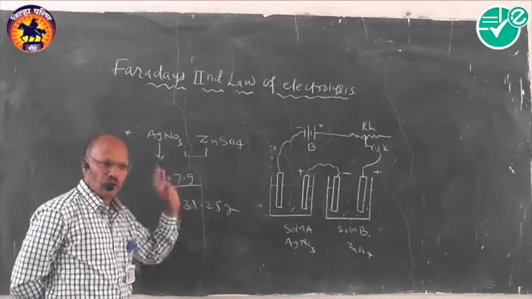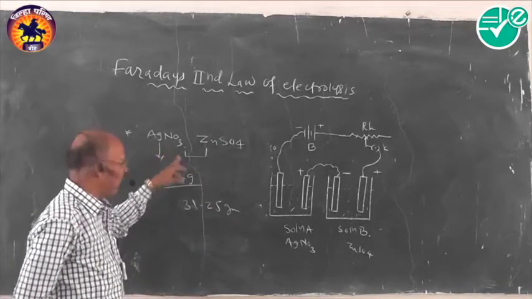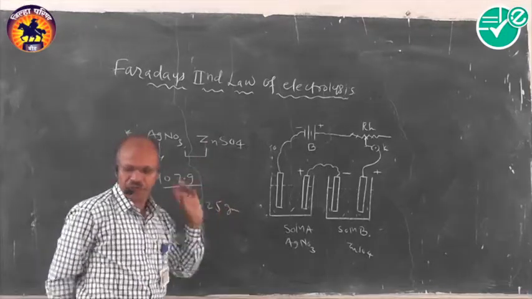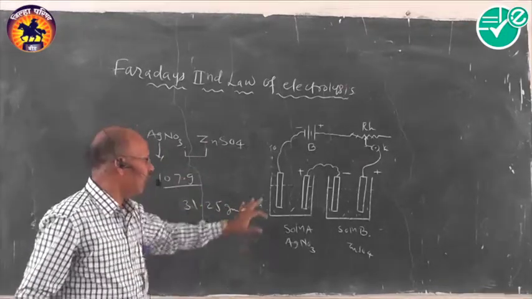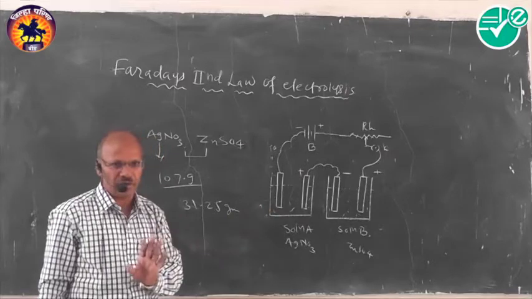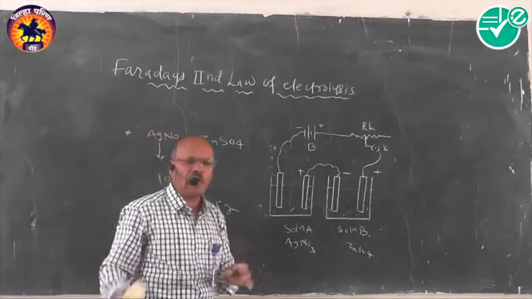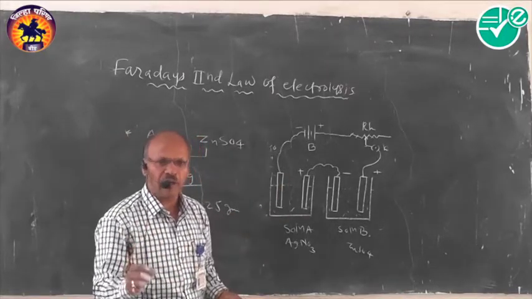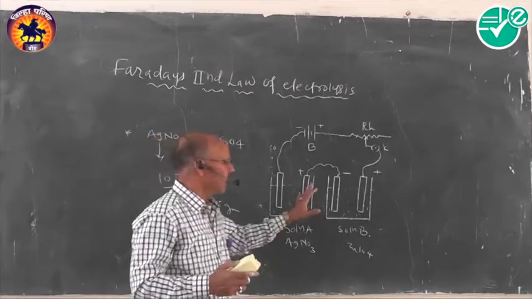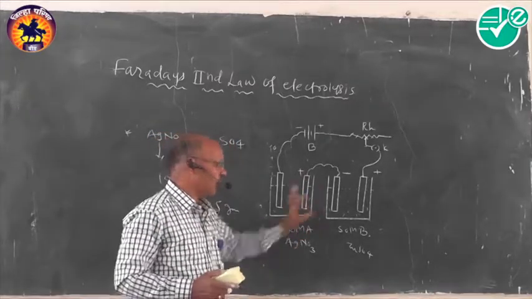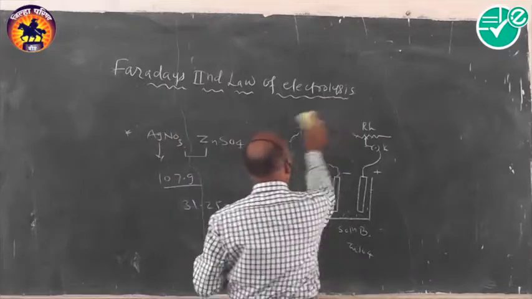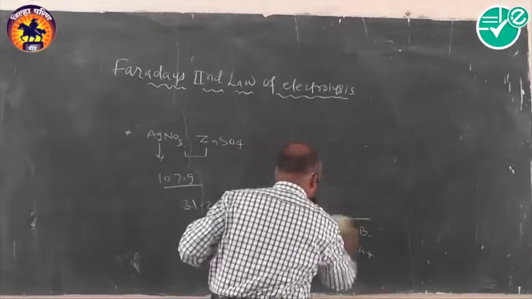So there is more deposition of silver and less deposition of zinc. It is decided simply from the chemical equivalents, or their equivalent weights. Whatever the deposition, it always depends upon the equivalent weight or equivalent mass if we pass the same amount of electricity through their solutions. This is just Faraday's second law of electrolysis.